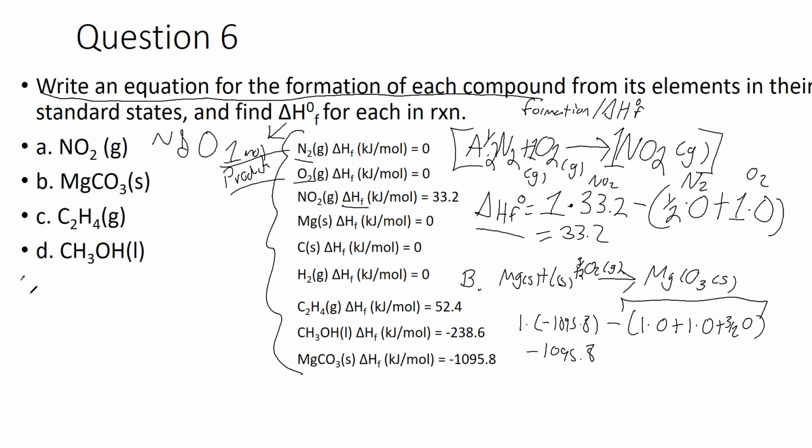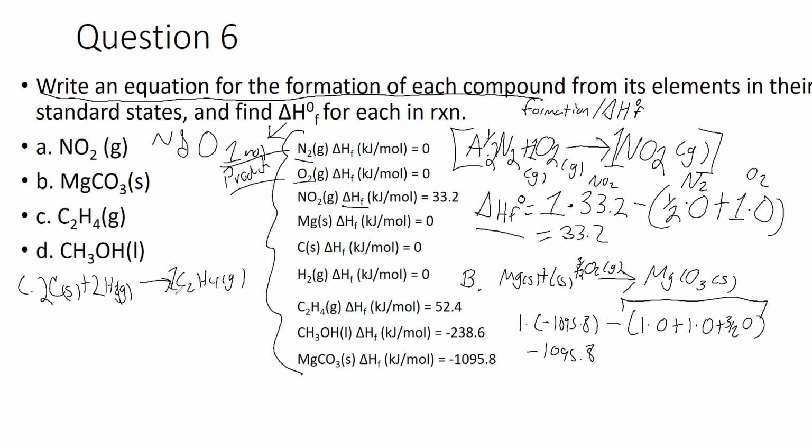So C2H4 is our product. It's a gas made out of carbon solid and hydrogen. We need 2 carbons to balance, plus H2 gas. We need 2 of those. So I'll go through it again.